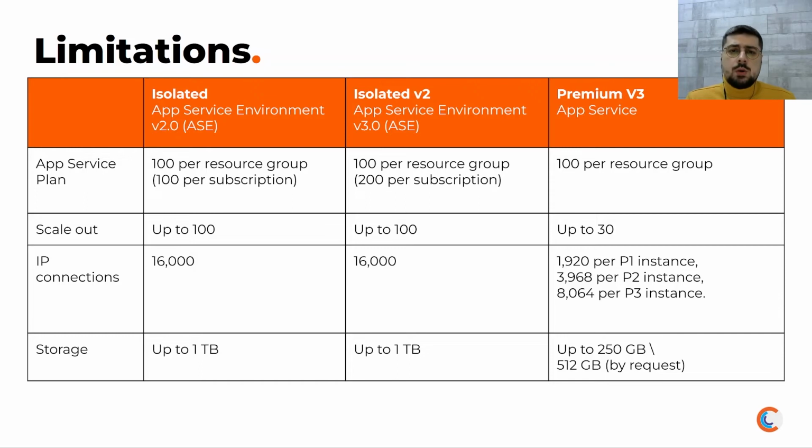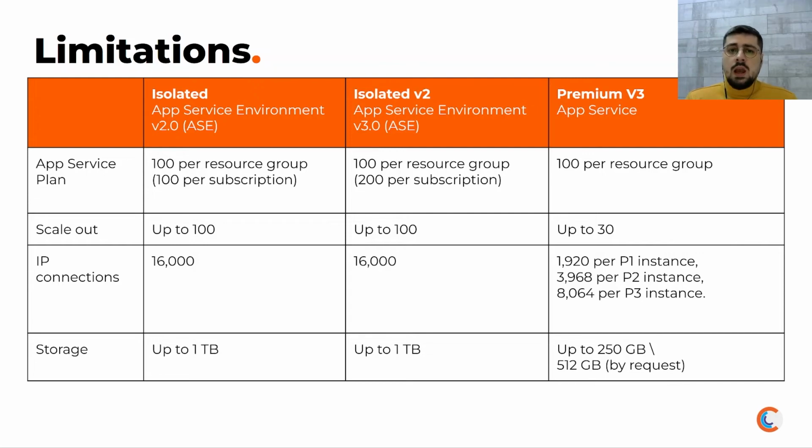Both ASE v2 and v3 have the same top limit of application instances during horizontal scaling, set up to 100 instances. But Premium v3 App Service has only up to 30 instances based on the SKU size within the same scaling process.